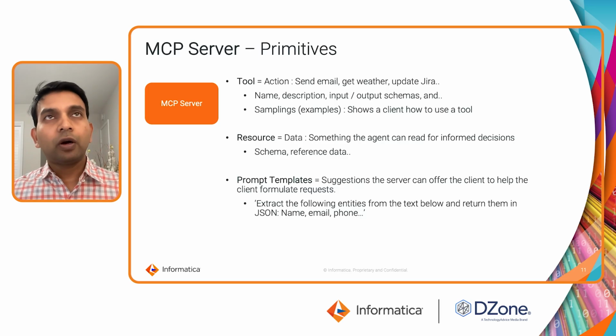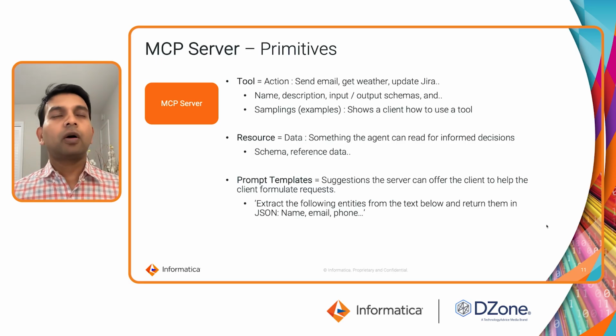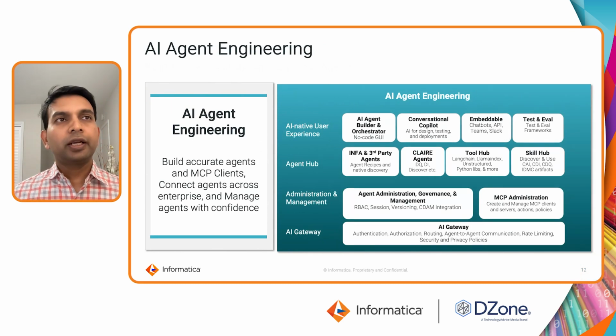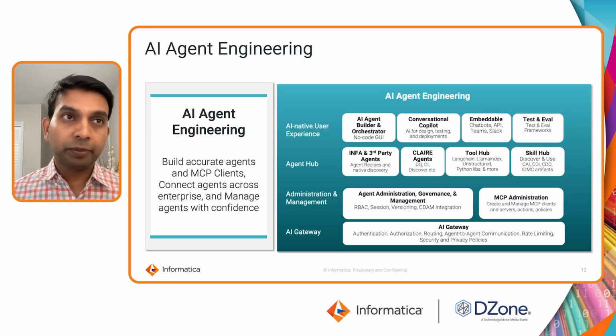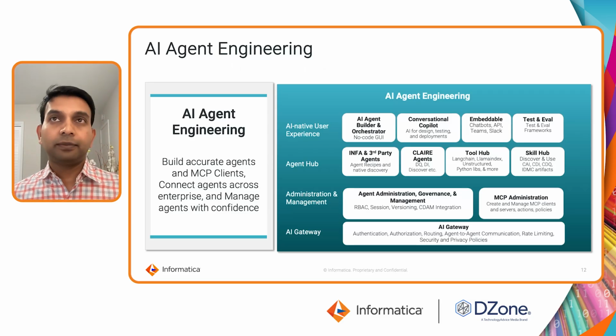Now, with all this in mind, at Informatica, we built and launched AI Agent Engineering. AI Agent Engineering is one place where you can build agents and MCP clients and connect agents across the enterprise, including to other tools and MCP servers, and manage, govern and deploy them at scale.